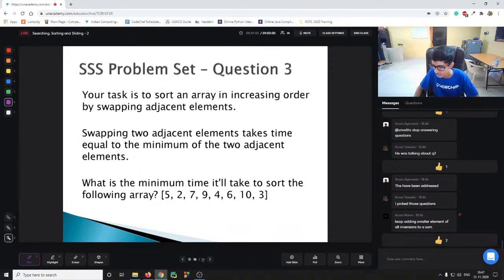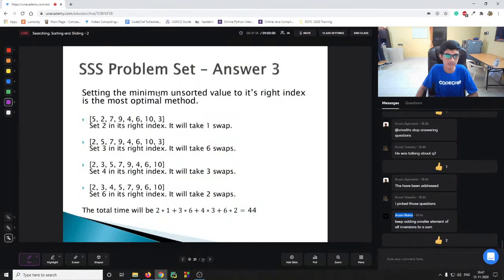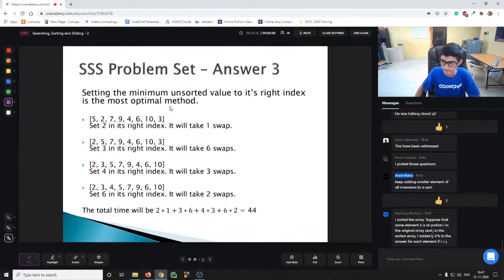So you can keep adding the smaller element of all inversions to a sum. Actually, yeah, Aryan Raina is again right. So the answer is that setting the minimum unsorted values to its right index is the most optimal method.